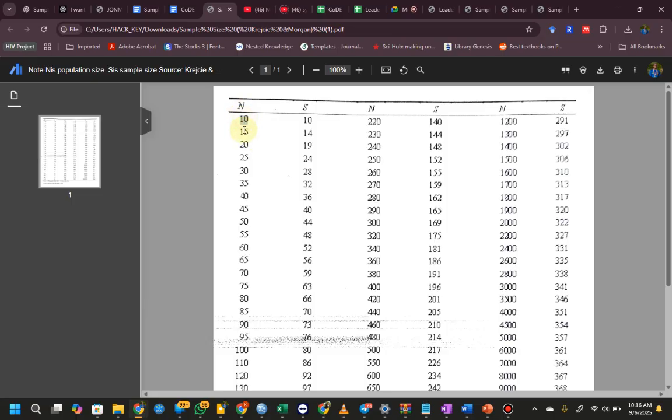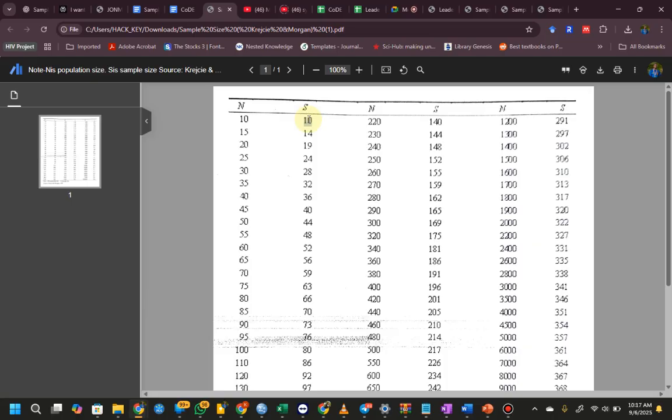The S here is the associated sample sizes for those accessible populations. So according to Krejcie and Morgan, 1970, if you have an accessible population of 10, you would have to select all 10 of them in order to reduce error in your findings, in your results.